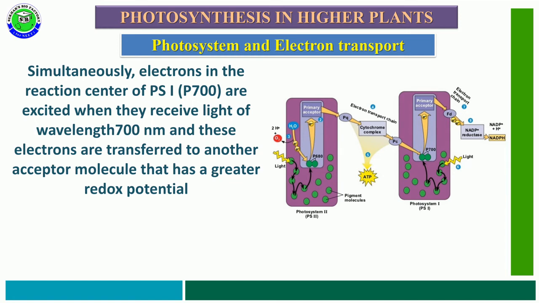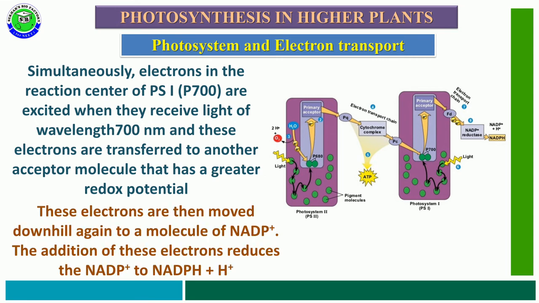Now the electron is accepted by the primary acceptor with greater redox potential. Then the electron in the primary acceptor is again transferred by a downhill process to NADP plus, and this NADP plus, after adding the electron, is reduced to NADPH plus H plus. With this process, finally NADPH is formed after completion of electron transport.